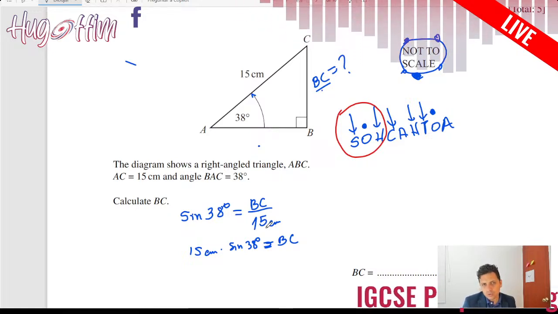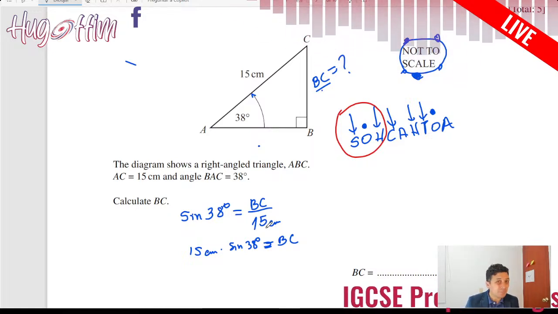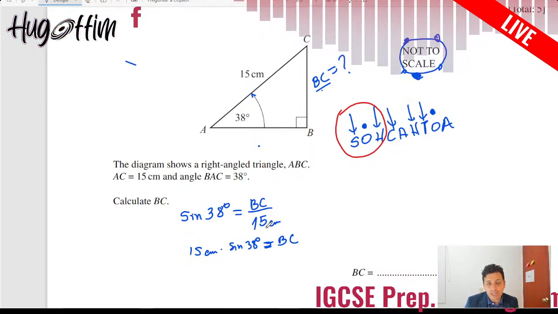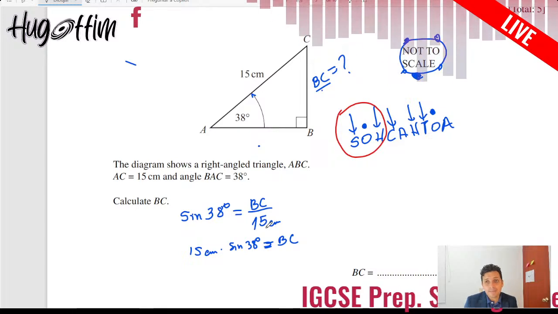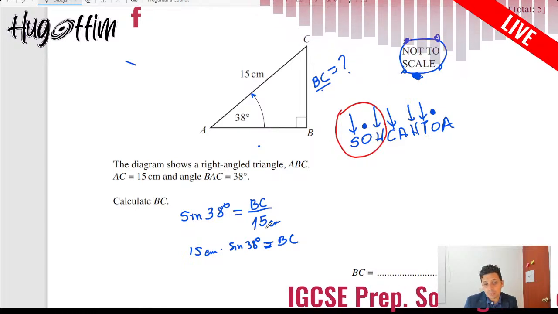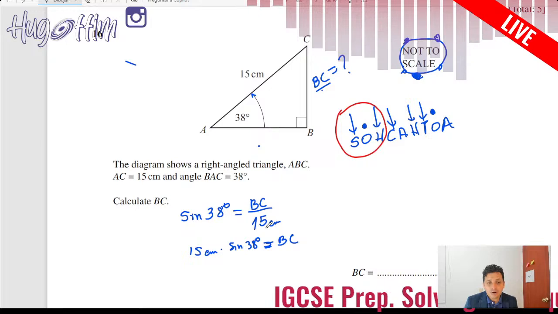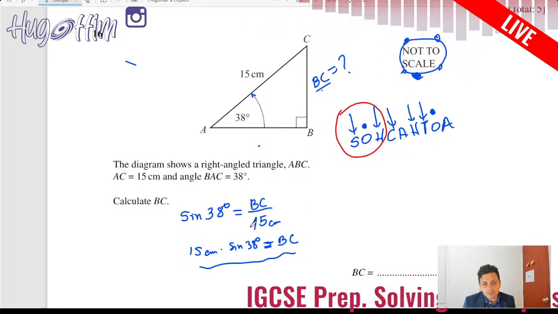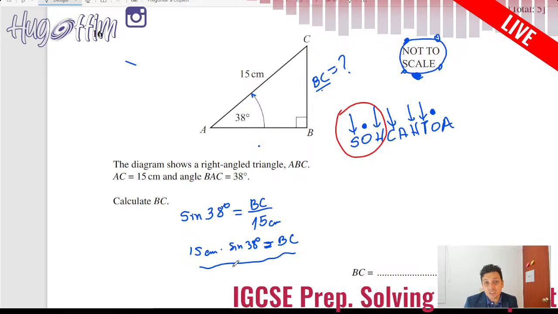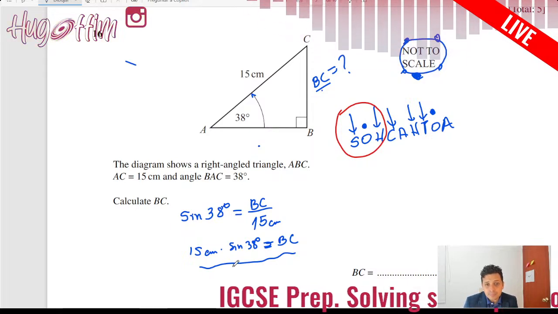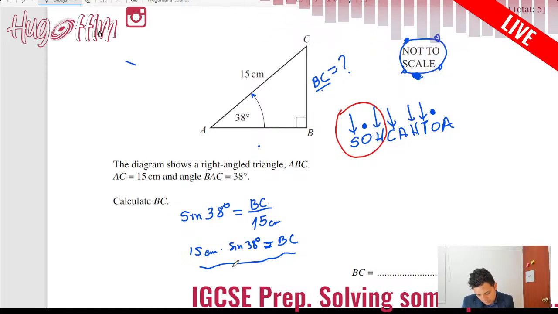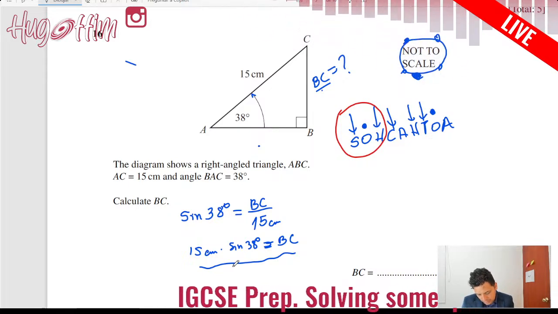Maybe they will, it's okay. But maybe if your answer is wrong, maybe you typed wrong in your calculator, you're not going to get partial marks. For example, let's say that you get a partial mark for showing this part. So you're not going to get the mark if you just put the answer. So let's find it. Sine of 38 degrees.